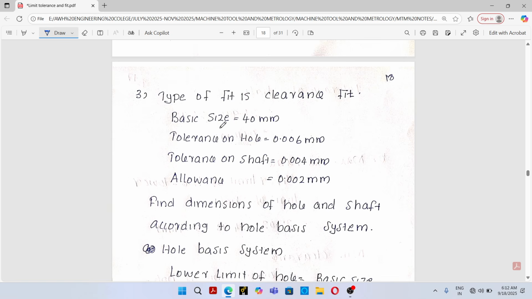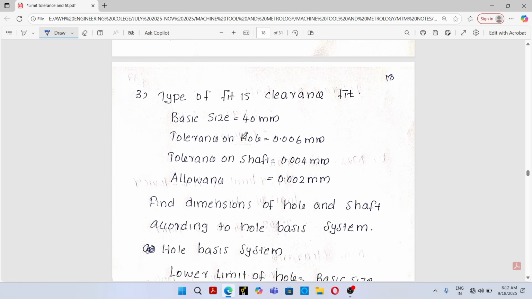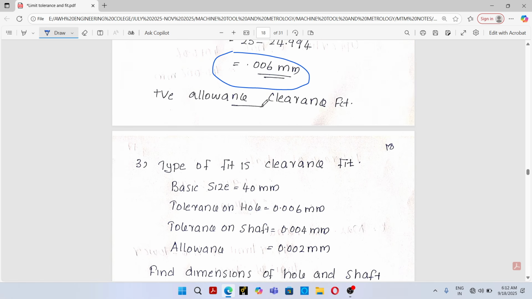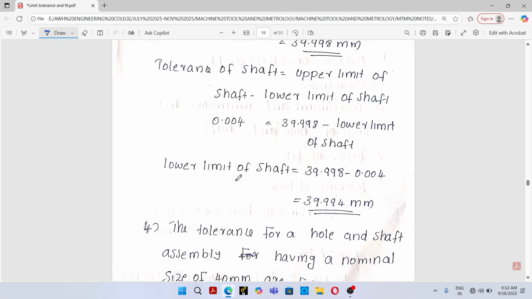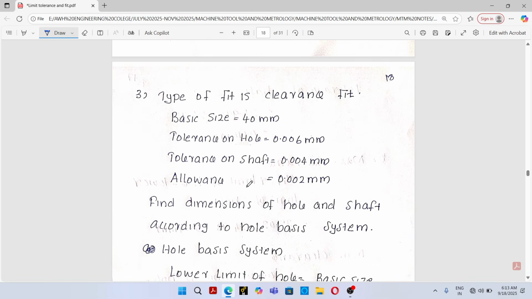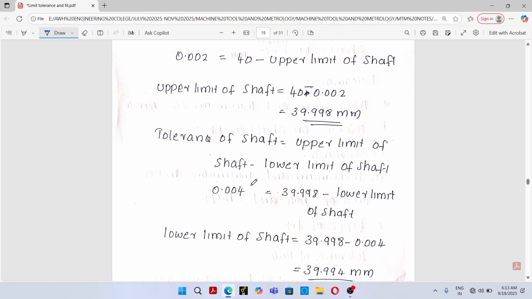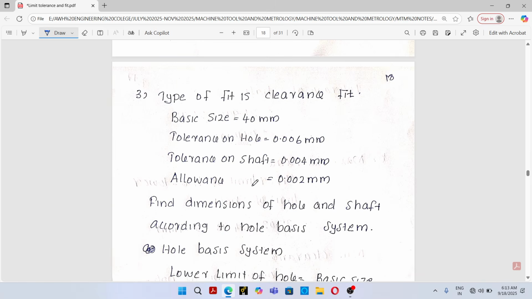So next one, third question. The type of fit is a clearance fit.